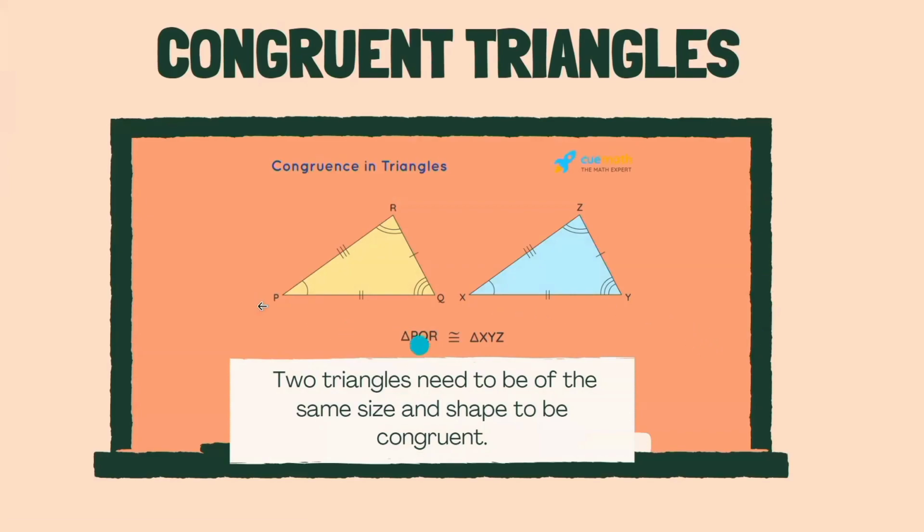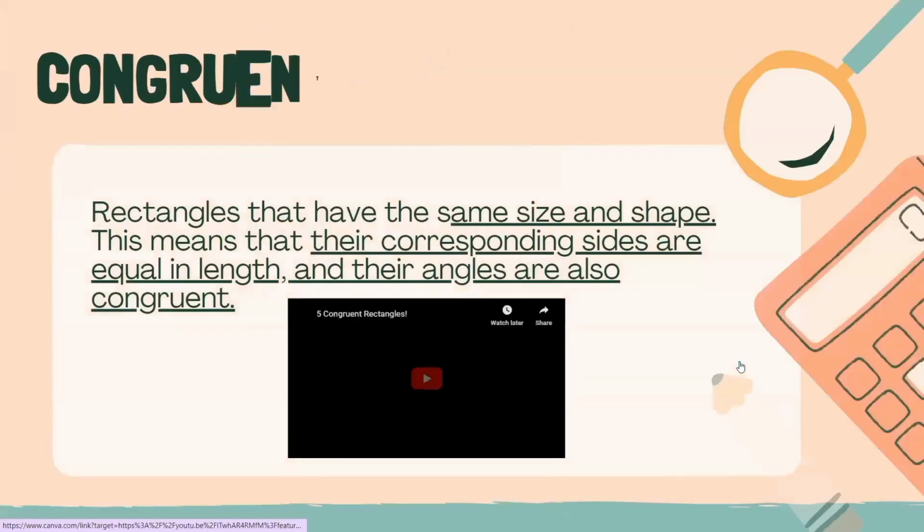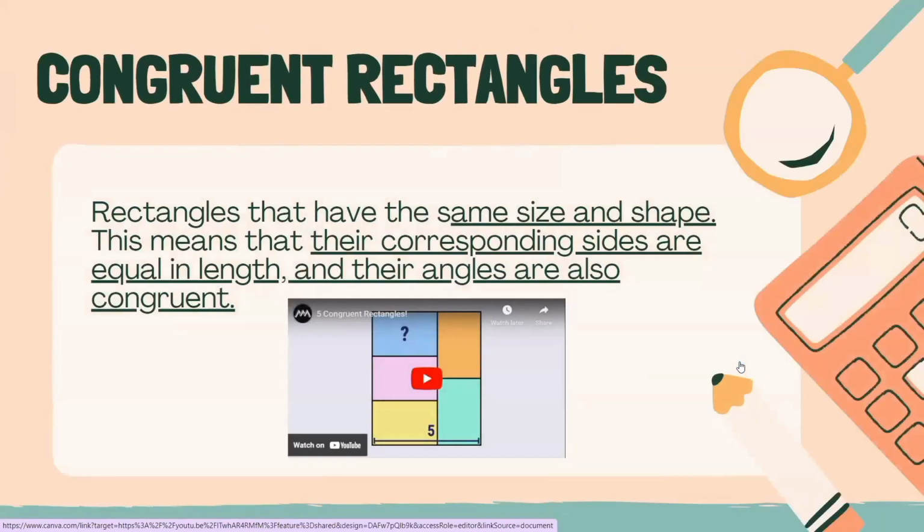For example, triangle QRE equals triangle XYZ. Congruent rectangles have the same size and shape. It means that their corresponding sides are equal in length and their angles are also congruent.